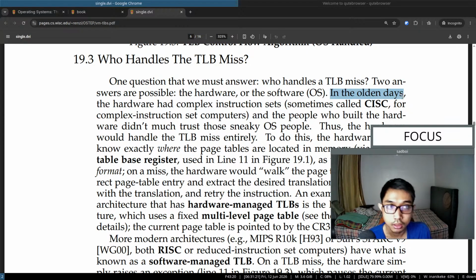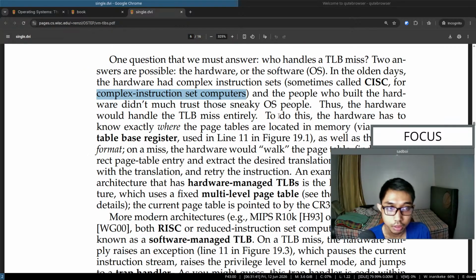In the olden days, the hardware had a complex instruction set, sometimes called CISC, for complex instruction set computer. And the people who built the hardware didn't much trust those sneaky operating system people. Okay, sneaky, right?